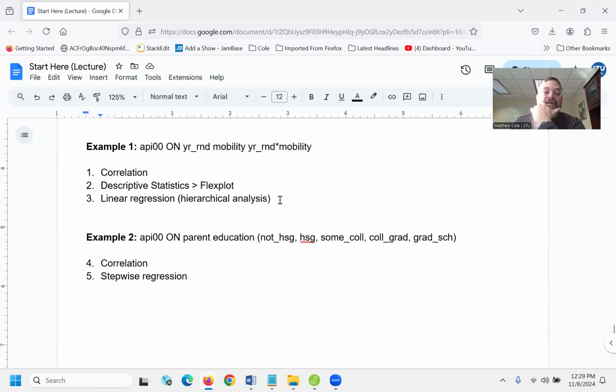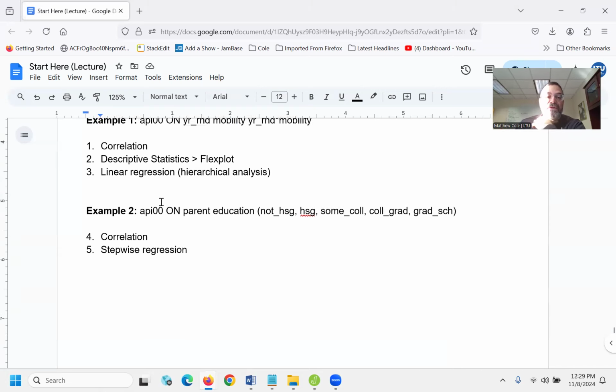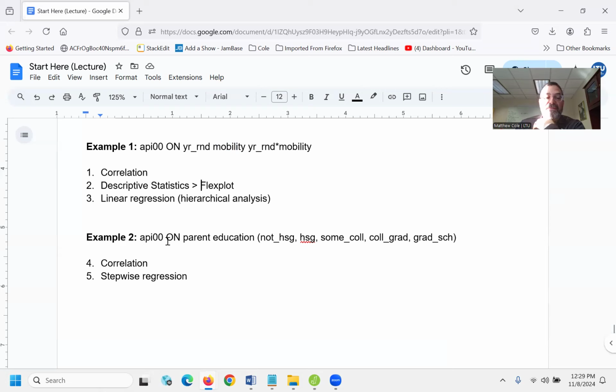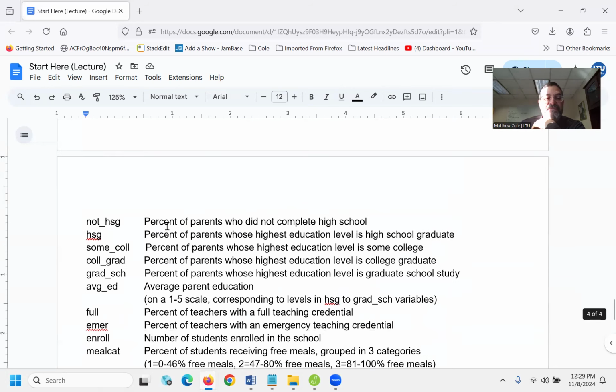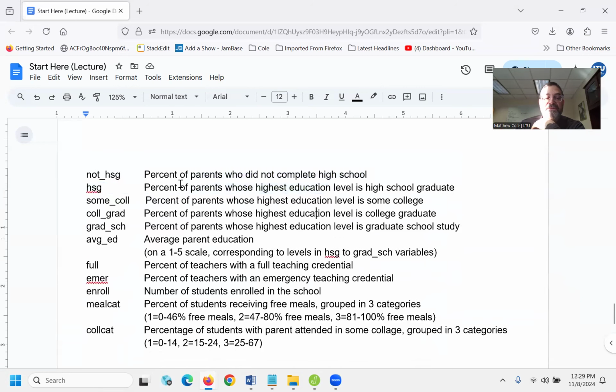That's our first example. In our second example, we're going to regress the academic performance on the set of independent variables that basically reflect parent education: the percentage of parents who do not complete high school, the percentage of parents whose highest education is high school, the percentage whose highest education is some college, the percentage whose highest education level is college graduate, and the percentage whose highest education level is graduate school studies.